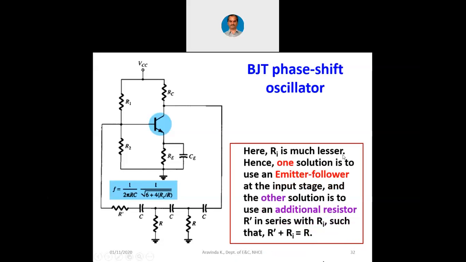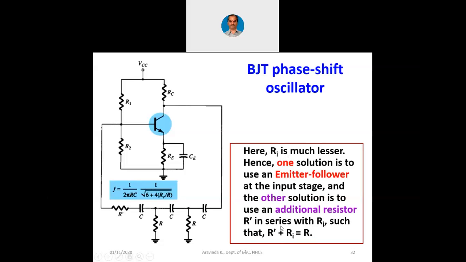Here Ri is much lesser, hence one solution is to use an emitter follower at the input stage, and the other solution is to use an additional resistor R dash in series with Ri such that R dash plus Ri is equal to R. This I have explained already. Instead of Zi, here I have mentioned Ri, input resistance.